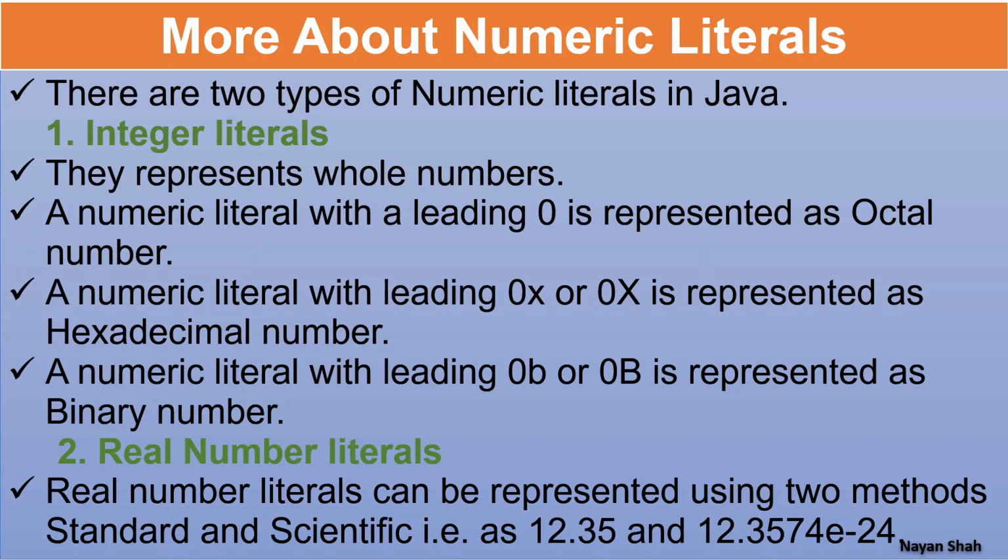So the second one is actually 12.3547 times 10 raised to minus 24. That is the scientific representation of a real number. So a real number has two types of representation, standard and scientific.